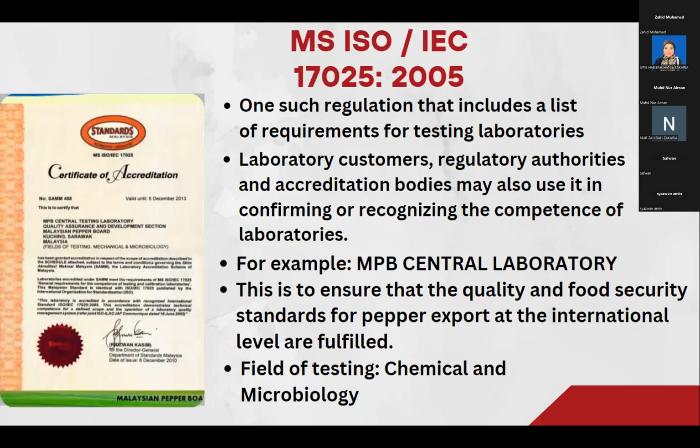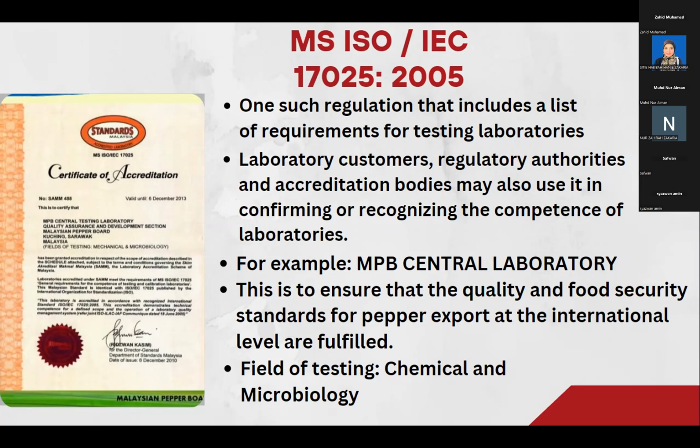We will see MS ISO/IEC in upstream. It is one such regulation that includes a list of requirements for testing laboratories. Laboratory customers, regulatory authorities, and accreditation bodies may also use it in confirming or recognizing the competence of laboratories.